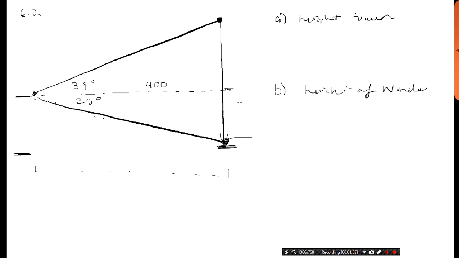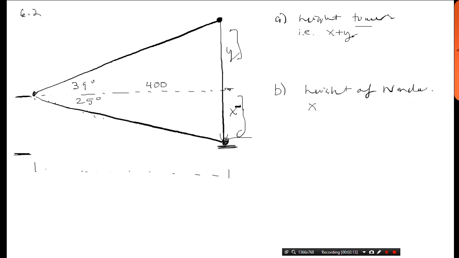Well, the window is this value here, which we'll call x. If I wanted to find the height of the tower, I just need to add x to whatever this value is, which we'll call y. Seems pretty reasonable. So to find the height of the tower, we need to find x plus y, and to find the height of the window, we just need to find x.